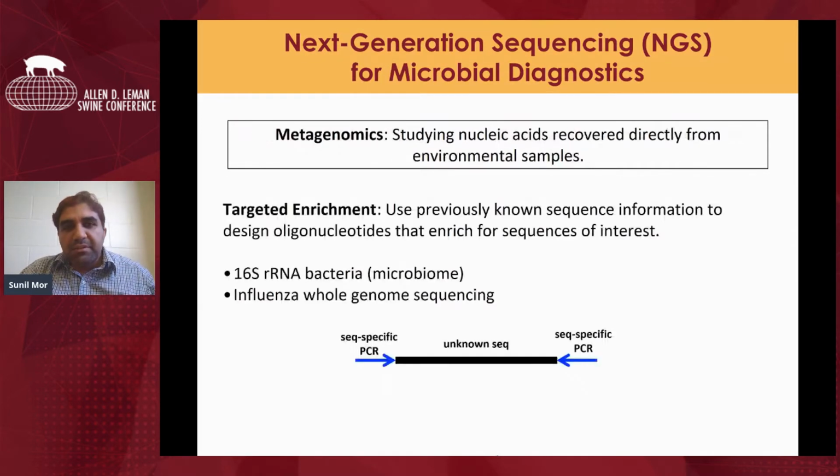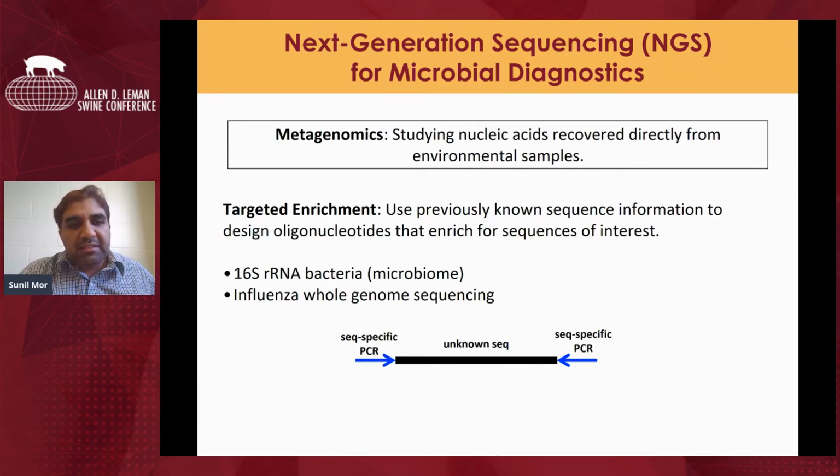So to start, it's a broad overview, but just to simplify how we use or characterize NGS at the diagnostic labs or in veterinary diagnostics, there are two main methods. One is called targeted NGS, where we enrich the sample for a particular virus or bacteria.